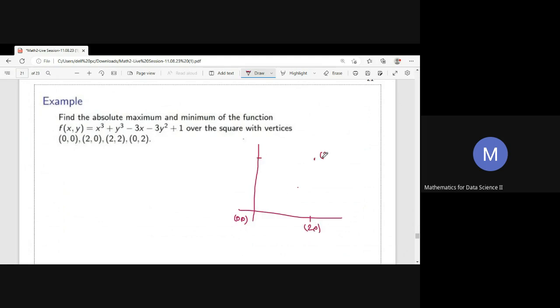This is your 2,2, and this is your 0,2. So for this square, this is your domain now. This is the D you are considering.